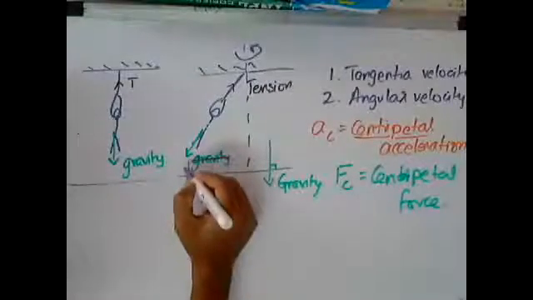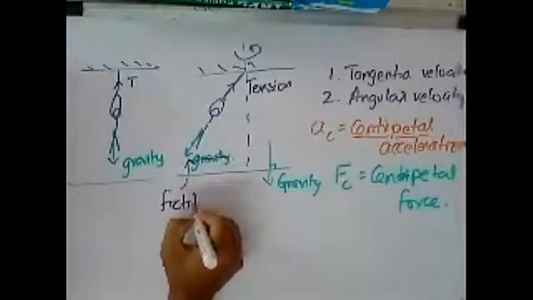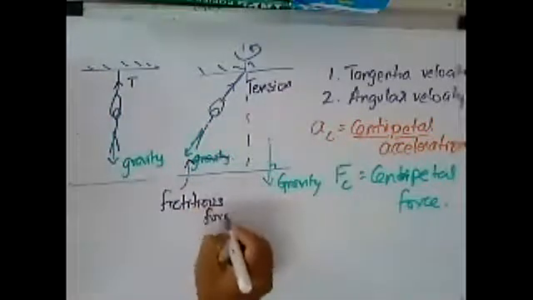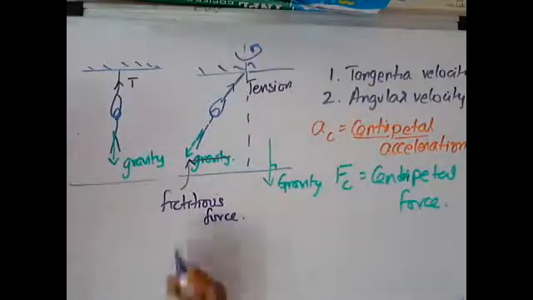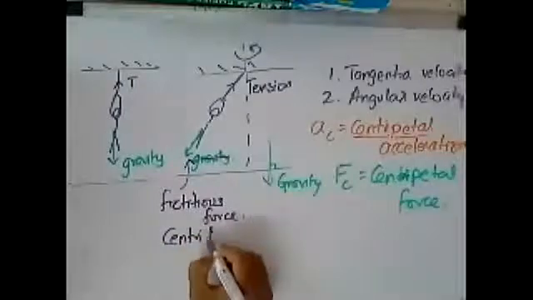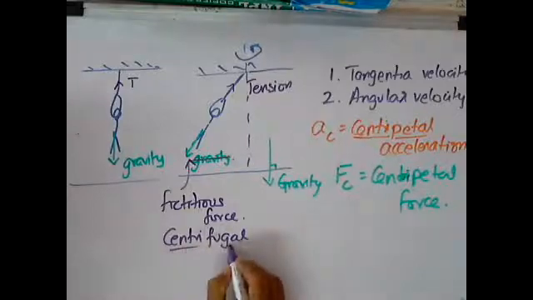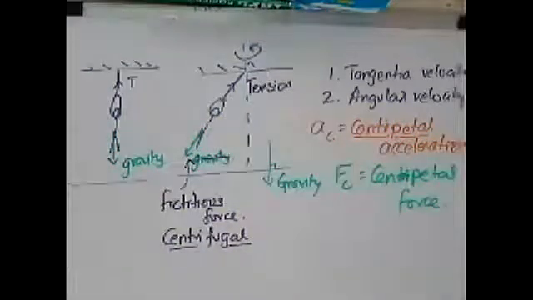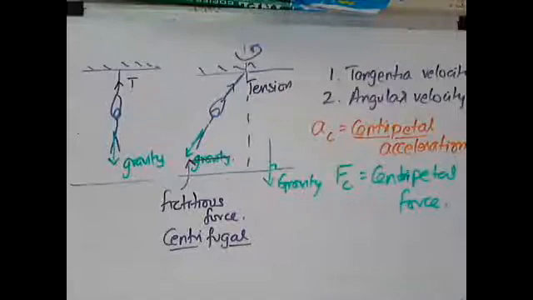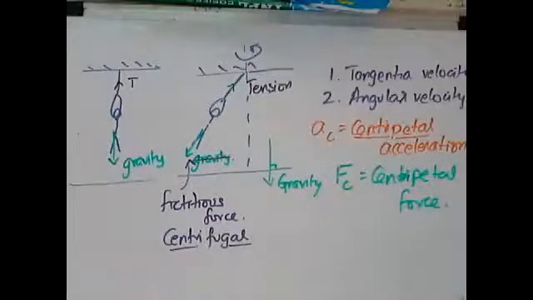So this force that he really experiences is a fictitious force, right? And we call that fictitious force centrifugal force, moving away from the center, in other words. Okay, and this centrifugal force is very real. This centrifugal force can help you defy gravity.